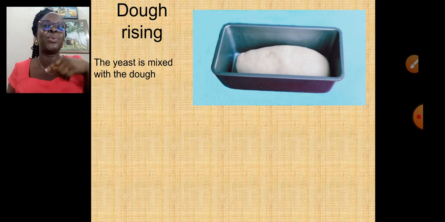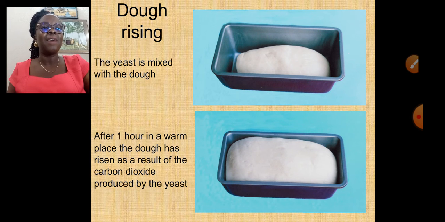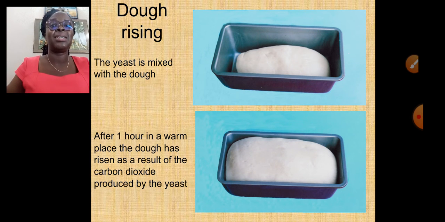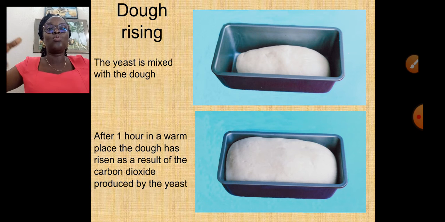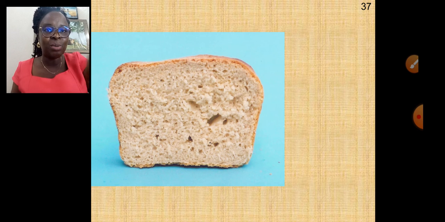Let's see what will happen when your yeast produces carbon dioxide. After like an hour, because of the carbon dioxide that has been produced by the yeast, you can see that your dough will have risen. Then by the time you bake it, you have something like this.